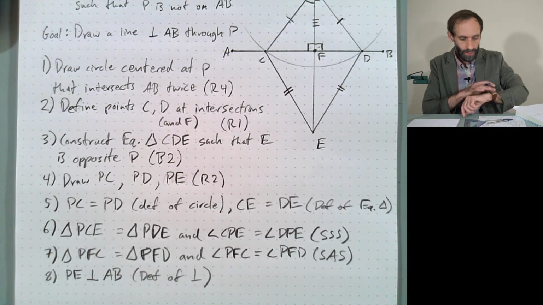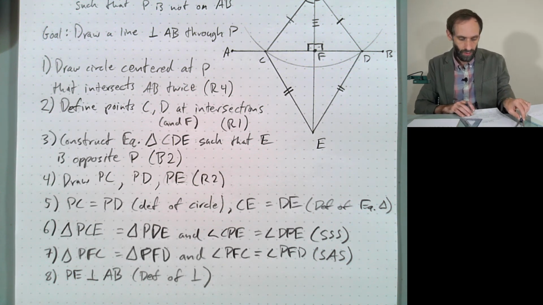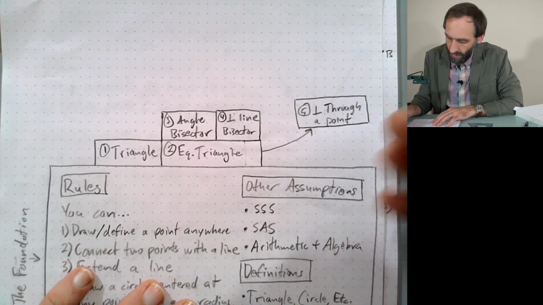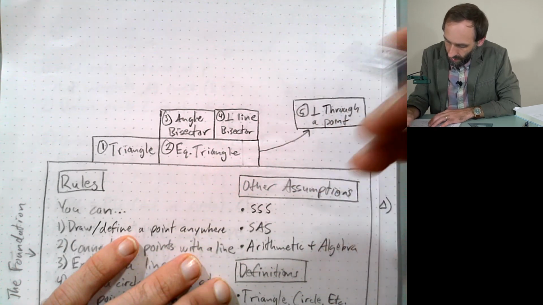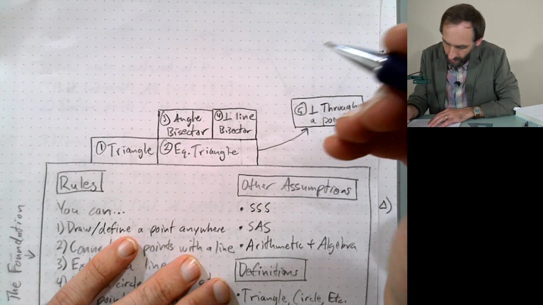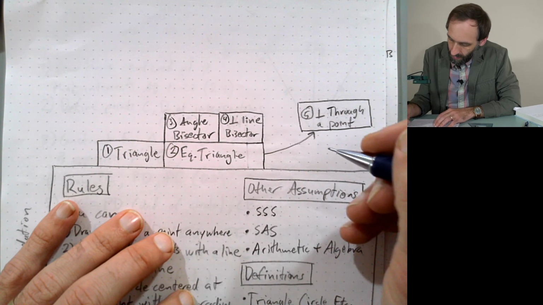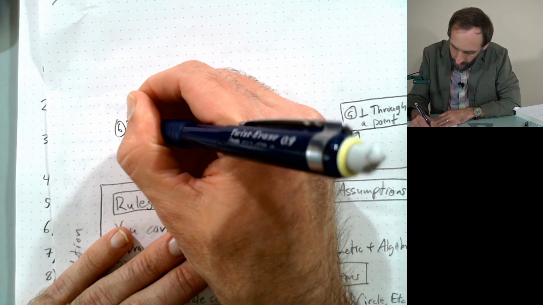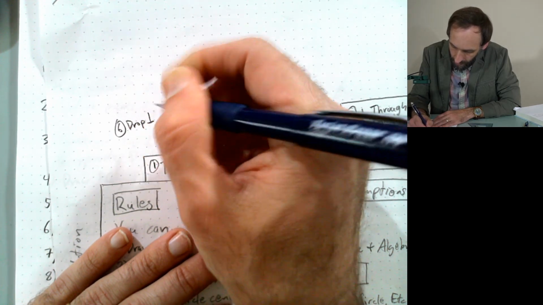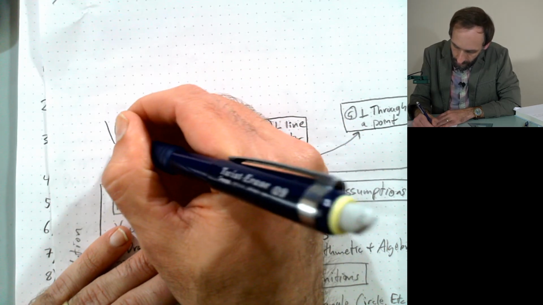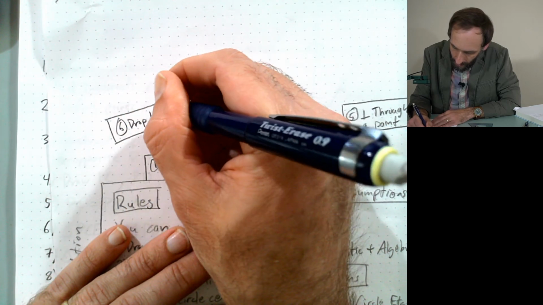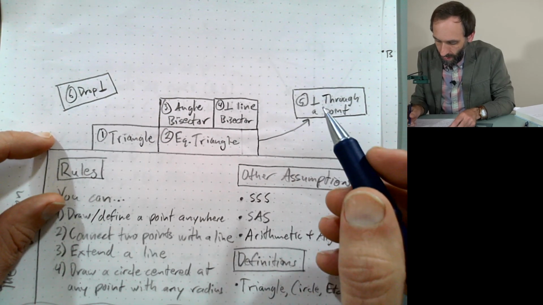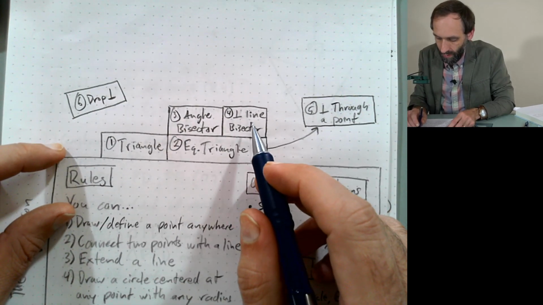Okay, so let's go ahead and add this brick to our axiomatic system. So this will be brick number 6. And I'm running out of space to put these things. Maybe I will put brick number 6 over here. So brick number 6, drop the perpendicular. And let's think about, what does this depend on? Well, it doesn't depend on the perpendicular line bisector.